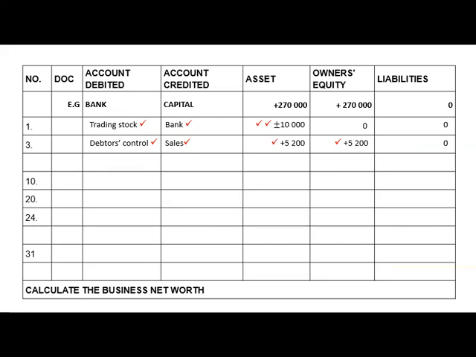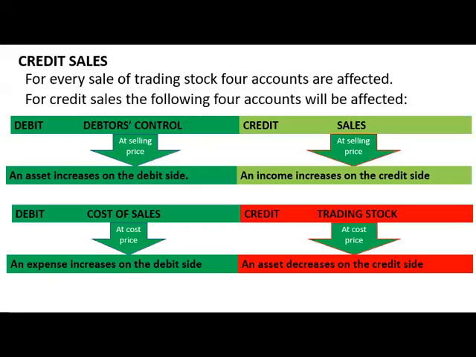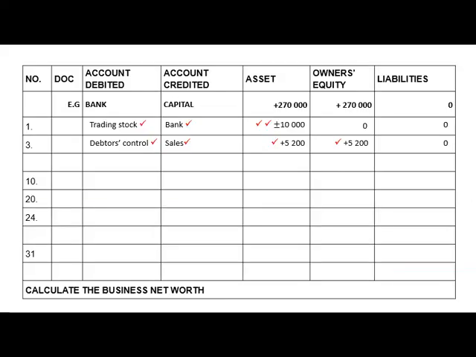That's not the end. 4 accounts are affected. The other 2 accounts will be trading stock and cost of sales. Which one are we going to debit there? We will debit cost of sales and credit trading stock. Why though?